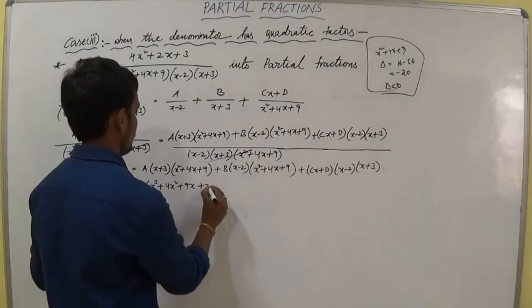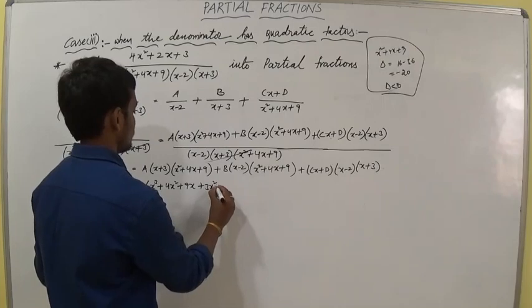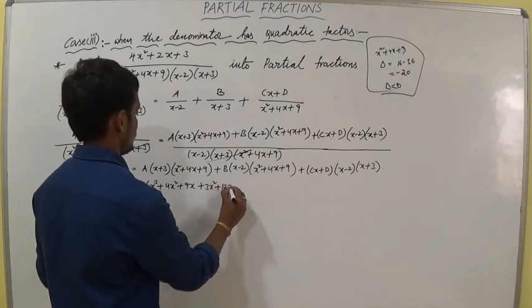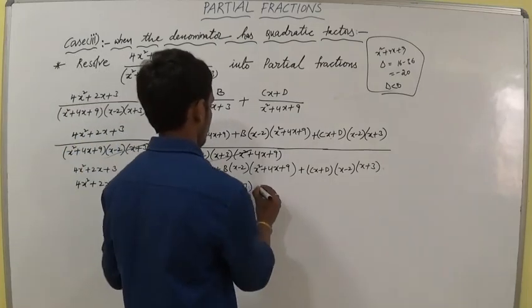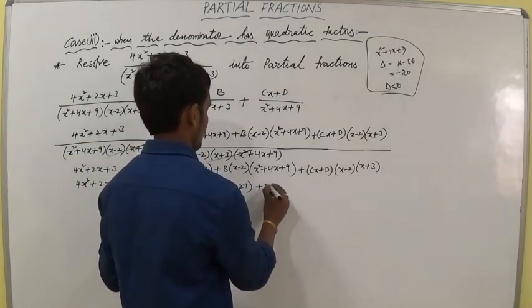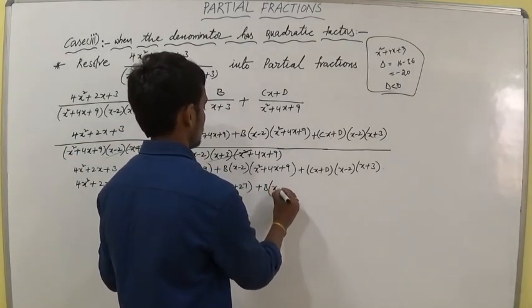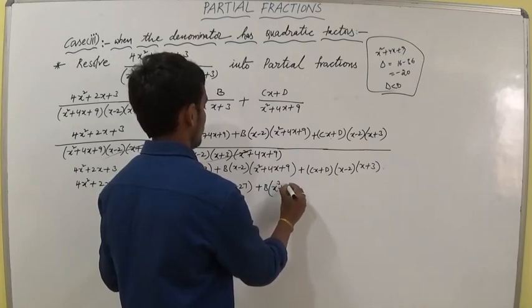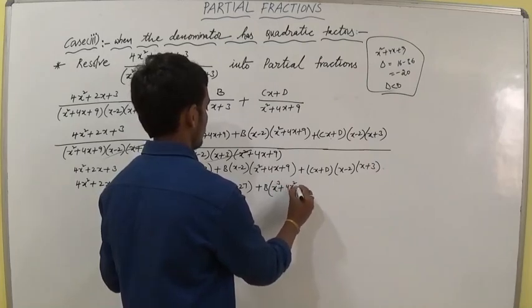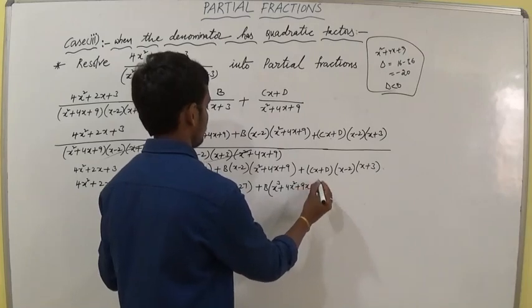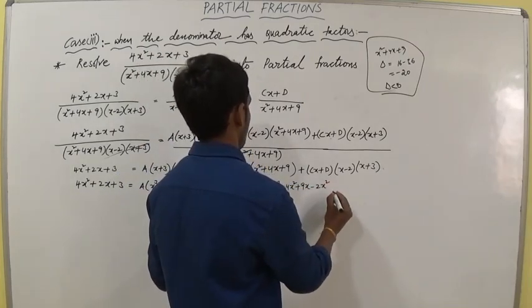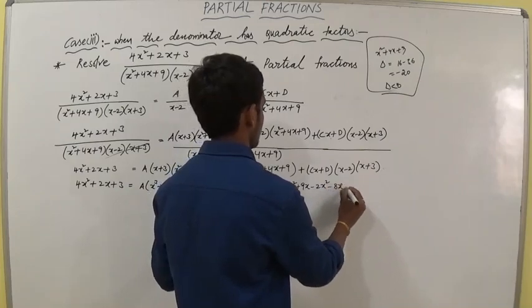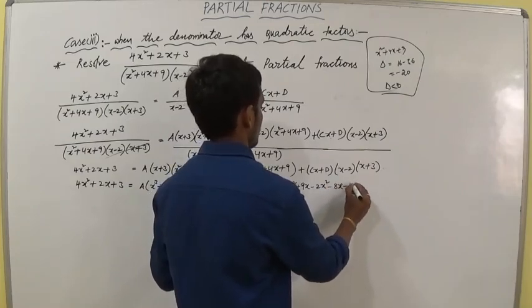Now multiply 3x square plus 12x plus 27, plus B into x cube plus 4x square plus 9x minus 2x square minus 8x minus 18.